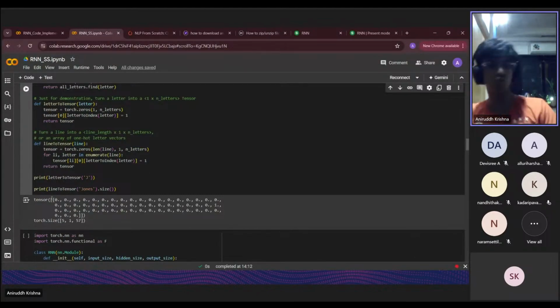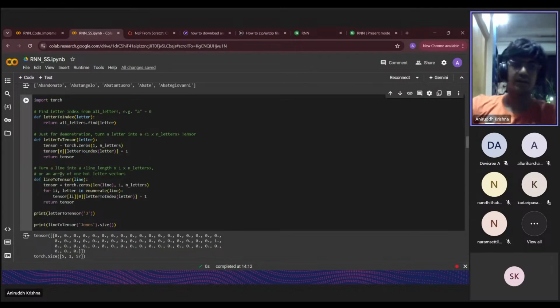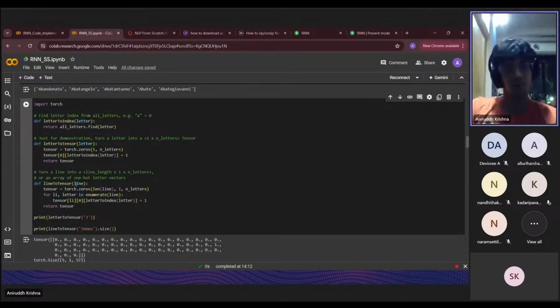Suppose you want to convert an entire word to tensors, since we were just dealing with letters until now. To do that, we define another function called line to tensor, where we do the same thing. The tensor is initialized with zeros, of size length of the line, 1, n letters. Now we have 3 dimensions. The length of the line is the length of the word, how many letters it has.